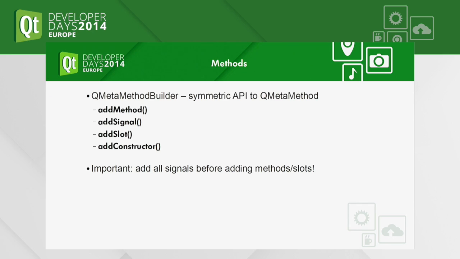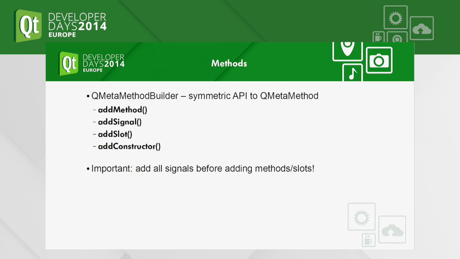But in the end, that's how you can add methods, and the QMetaObjectBuilder has all the API to set additional properties on them. And you can specify the arguments, the argument types, and so on. Also here, there is no sanity checking or at least basic intelligence in the class to avoid common mistakes.